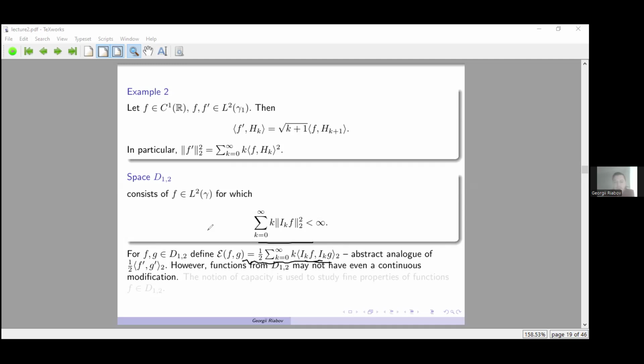In the one-dimensional case or finite dimensional case, if we have differentiable functions f and g, then this function E coincides with 1/2 the inner product of the derivative of f and the derivative of g.